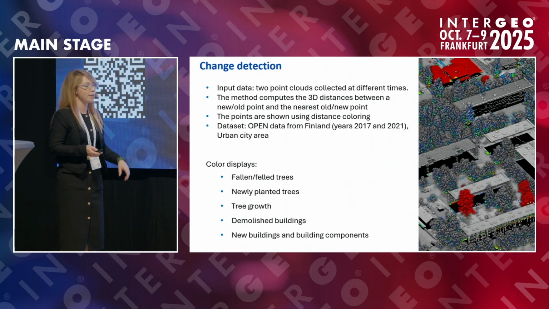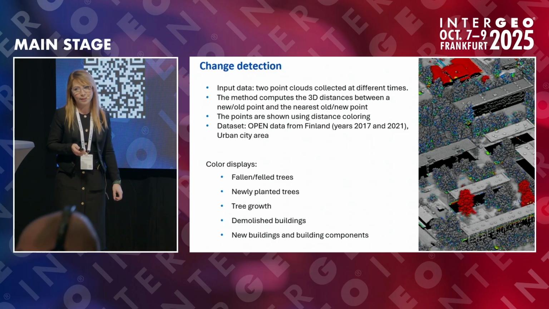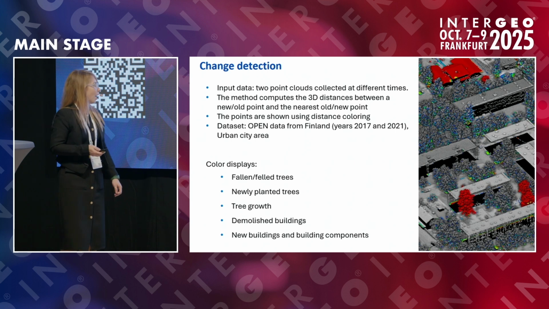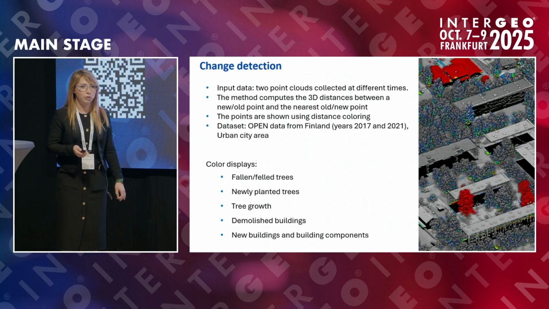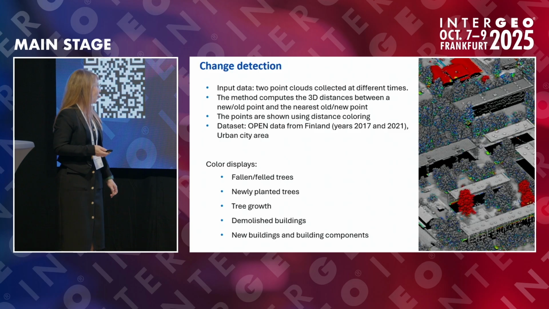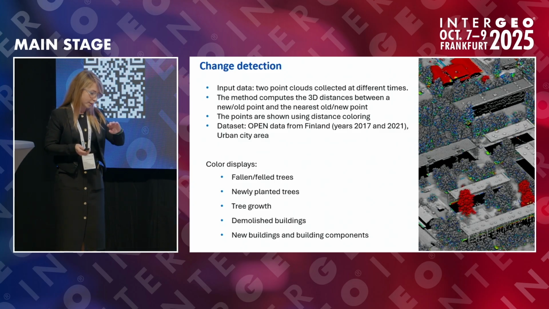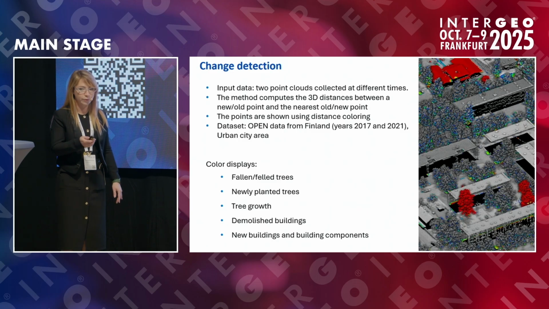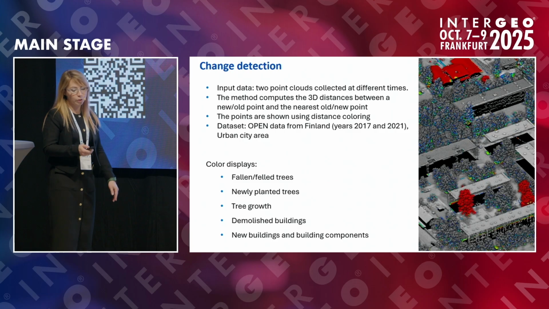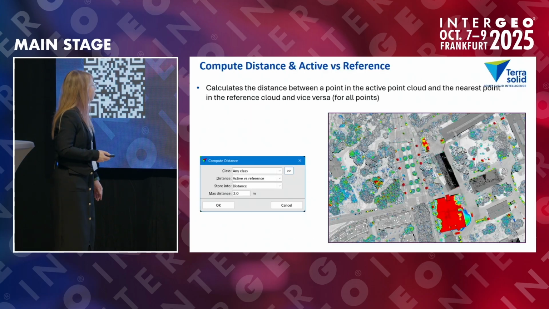You can also see newly planted trees in the landscape, like park trees and small forest sites, and harvested or fallen trees. You can also see demolished buildings, new buildings constructed, and extensions to buildings built between the scanning operations. And you can monitor tree growth in addition.